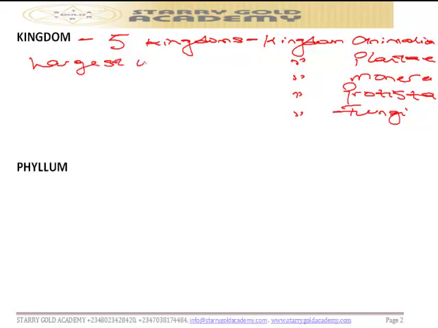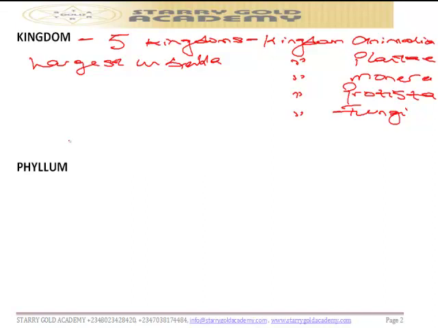So we can just say animals, and probably we are referring to insects. That's just the total kingdom. It does not tell us much about the insects, whether it's a mosquito or tick or any other insect.